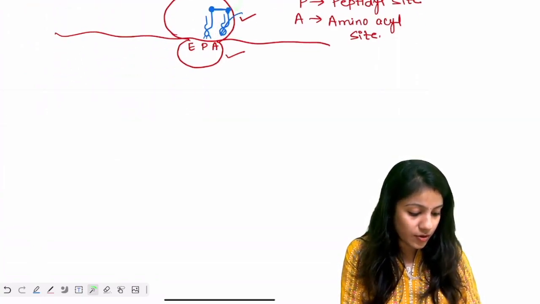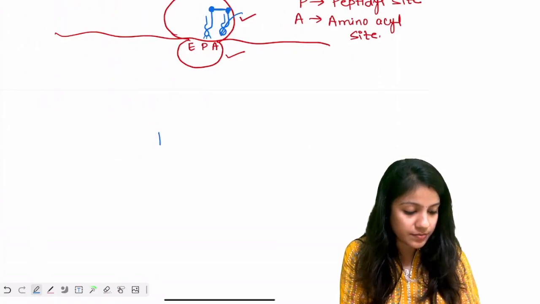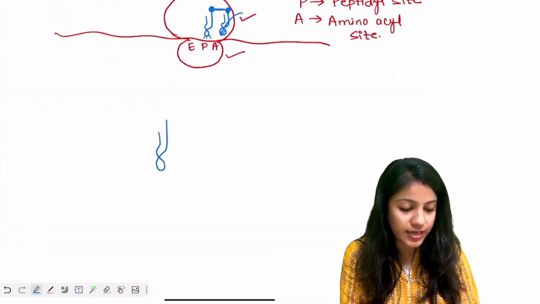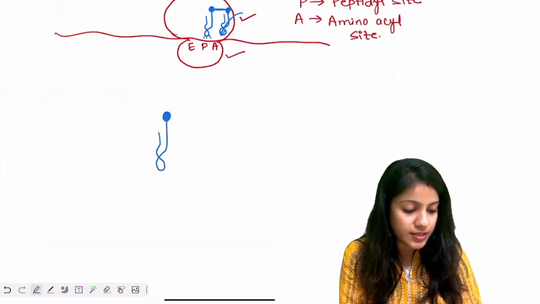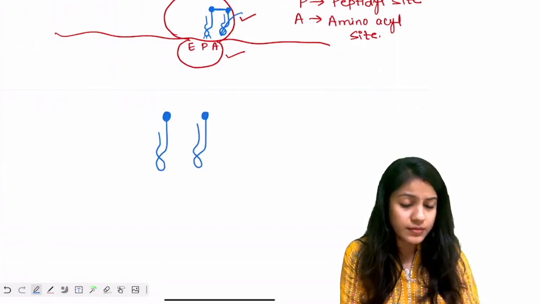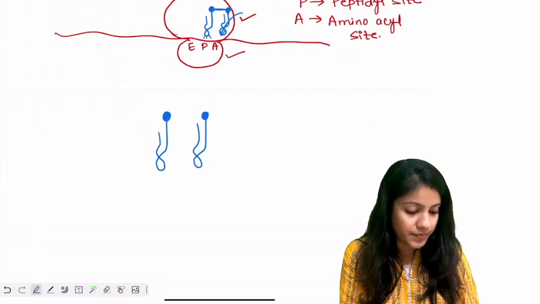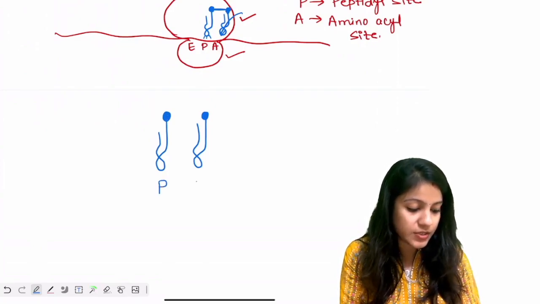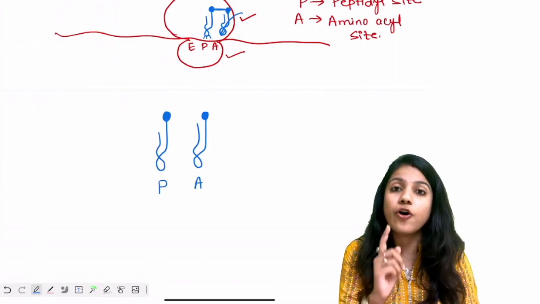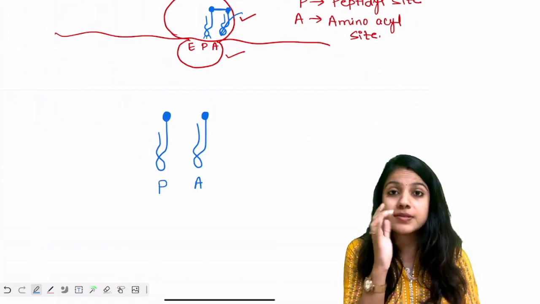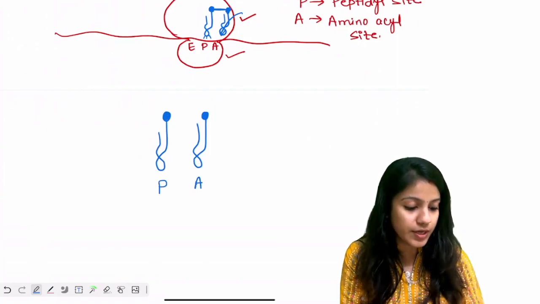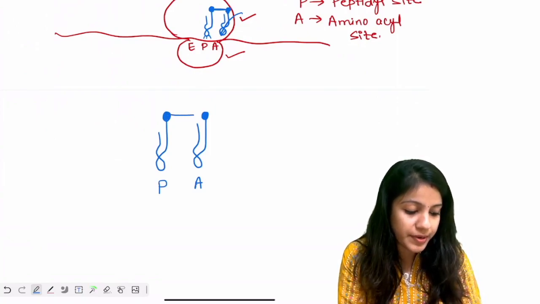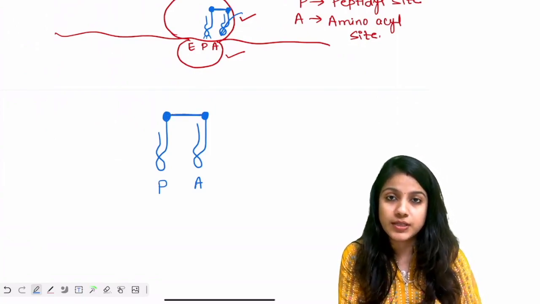I'll try to draw only tRNA now. This was the first tRNA having this amino acid. This is the second tRNA having the second amino acid, right? They are attached on the mRNA. This is present on the P site. This one is present on the A site of the ribosome. Remember, sites are present in the ribosome only. So there is formation of a peptide bond between these two amino acids.